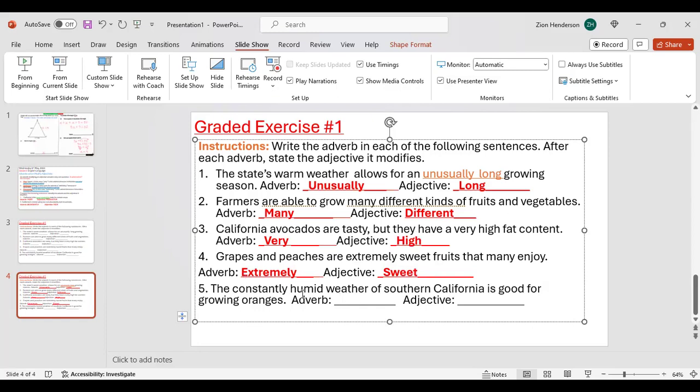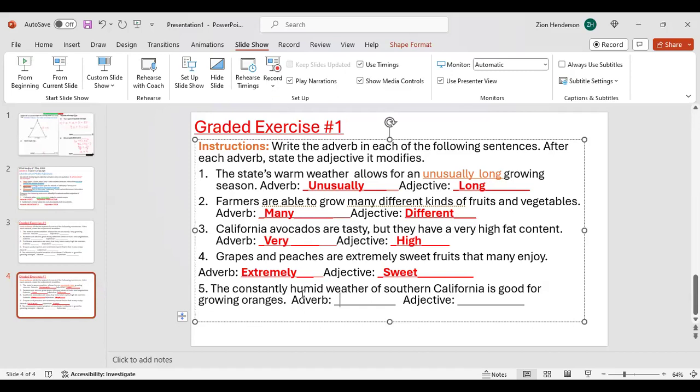Taya, read number 5. No, read what you see, not what you want to put down. The constantly humid weather of Southern California is good for growing oranges. Thank you. What's the adverb?